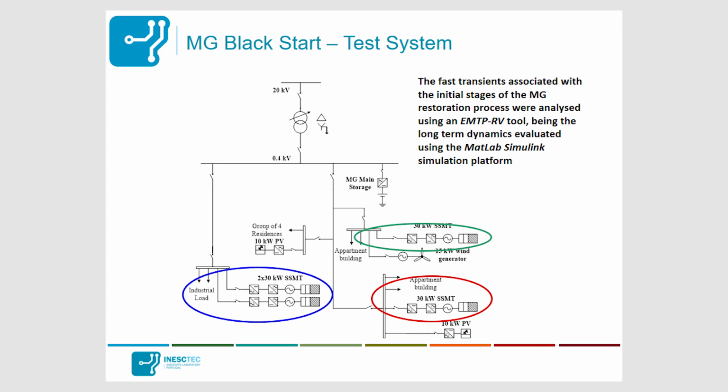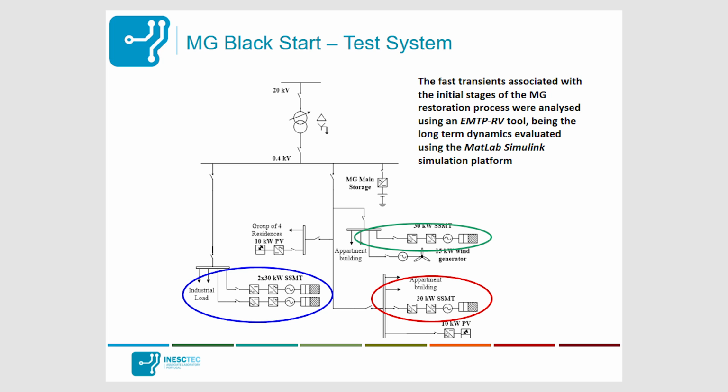So let's see now some results of simulations we performed with this test system, which had microturbines, PV panels, and storage devices, and we were capable of dealing with fast transients, but not only the fast transients, the main transients.